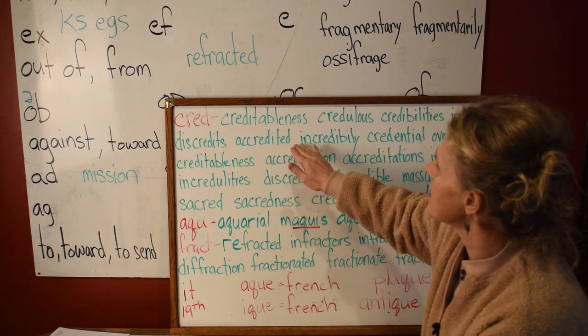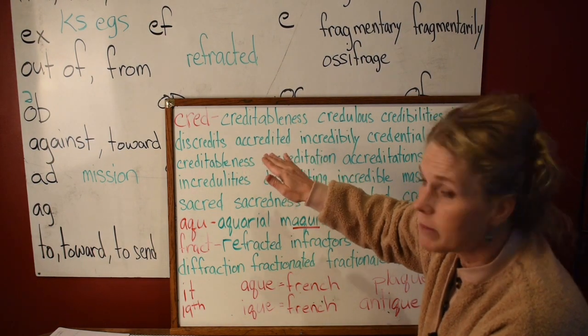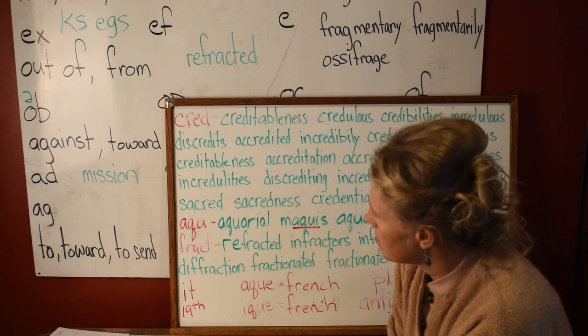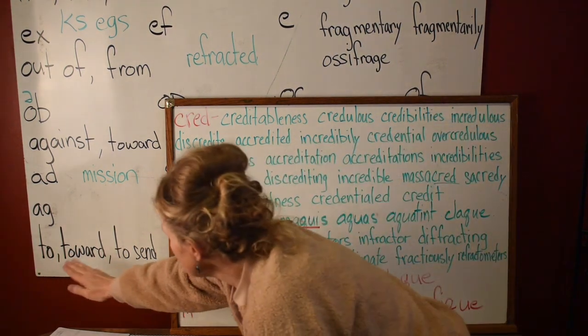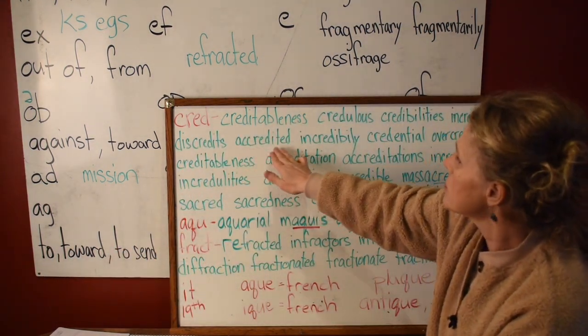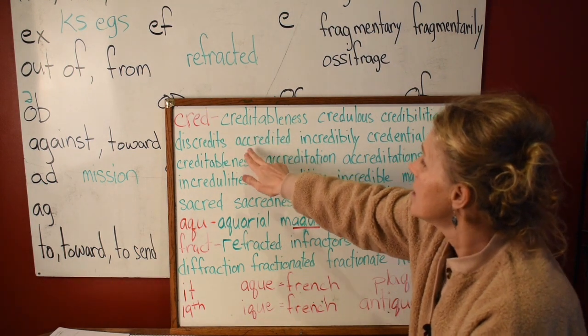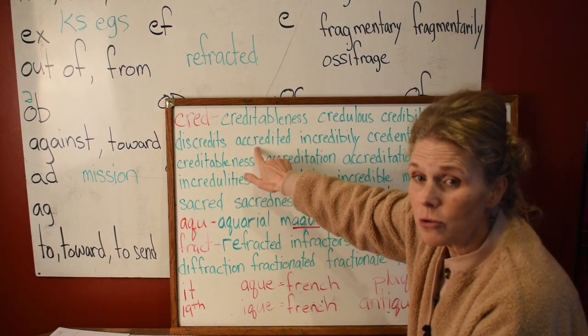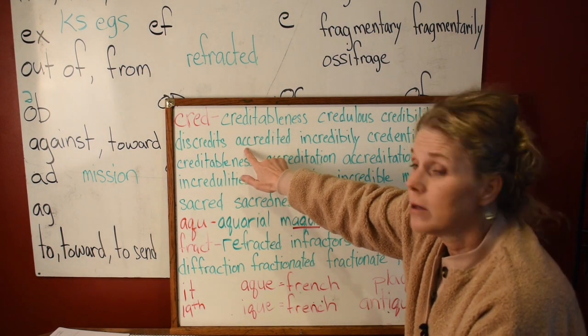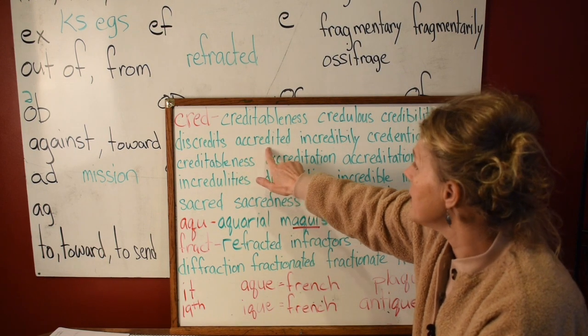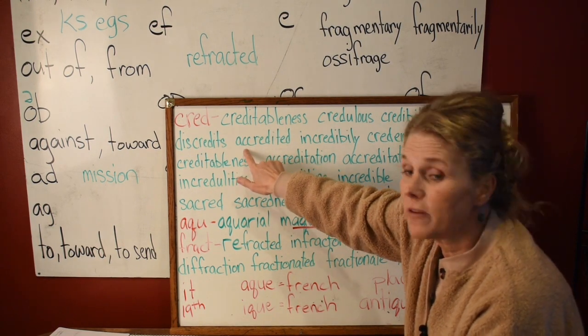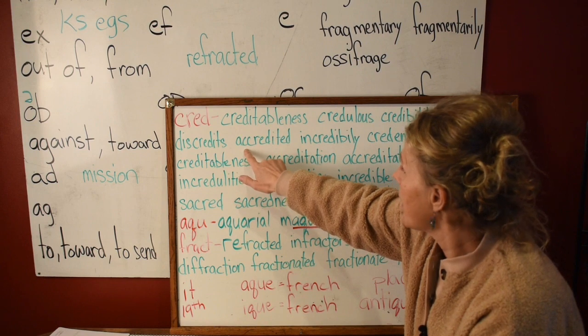Now, accredited. Well, AC means what, Daniel? Correct. To, toward, or to send. So see how now AC, this is why you have two C's right here. One is for your prefix and one is for your root. Okay?